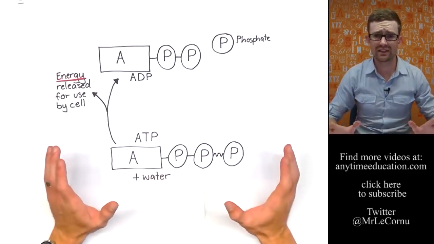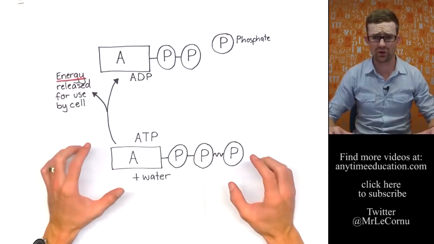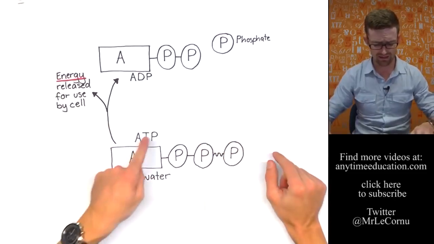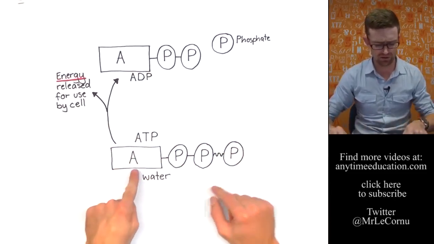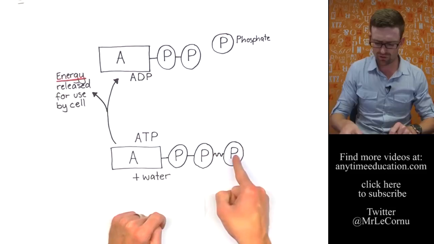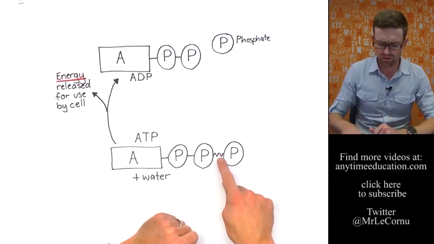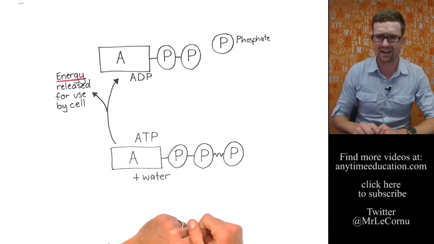So here you can see in this diagram how that process works. First of all, I want you to concentrate on this bottom part here. This is ATP that we just looked at. 1, 2, 3 phosphates, so that's our ATP molecule. Squiggly bond showing that it's unstable.